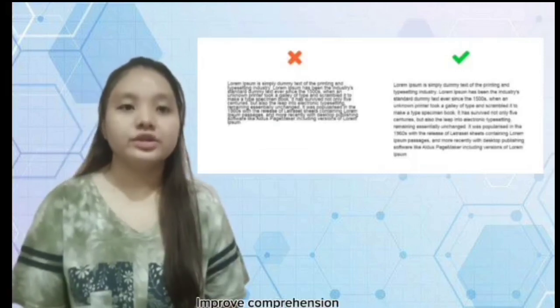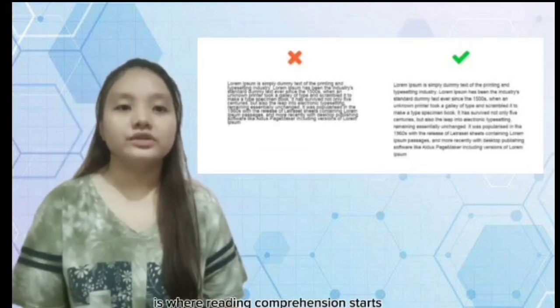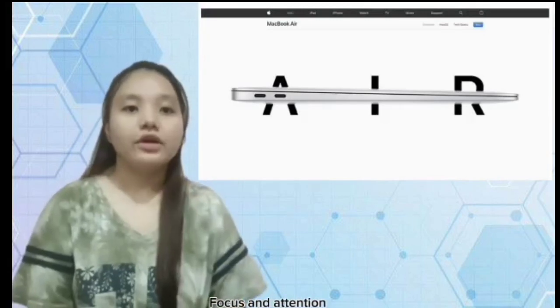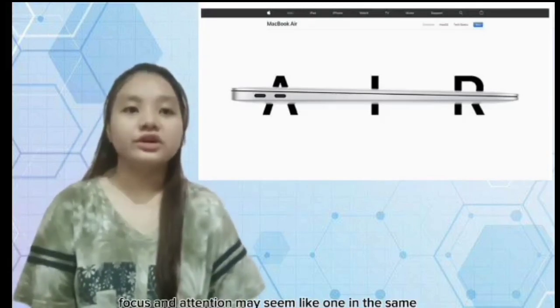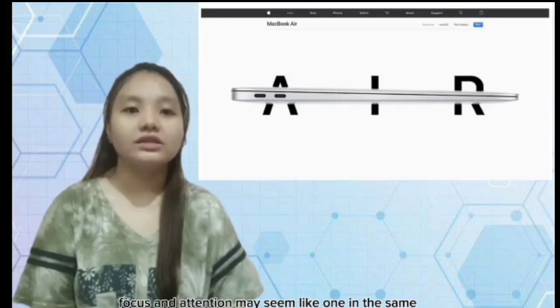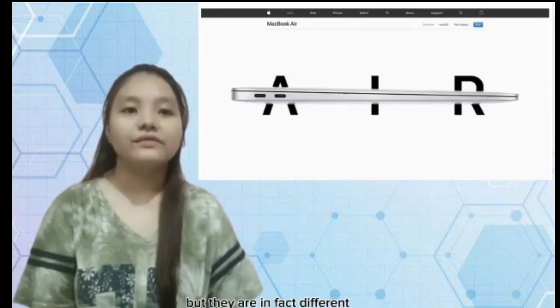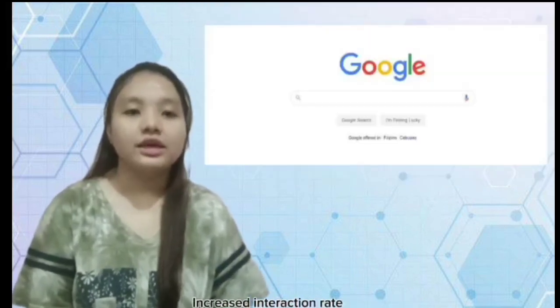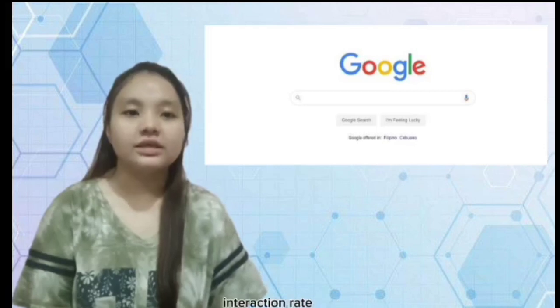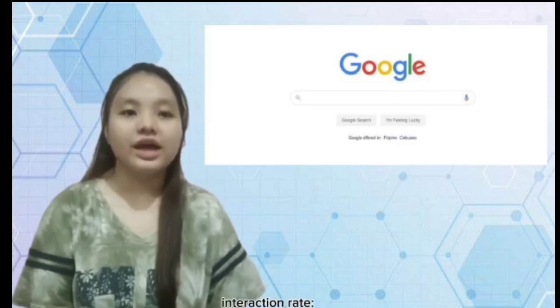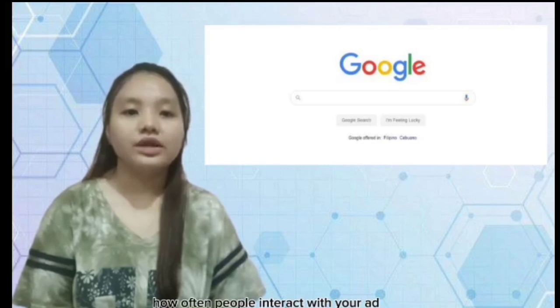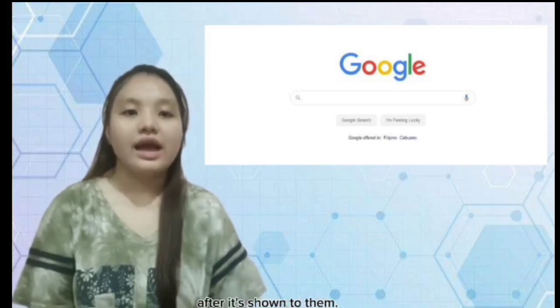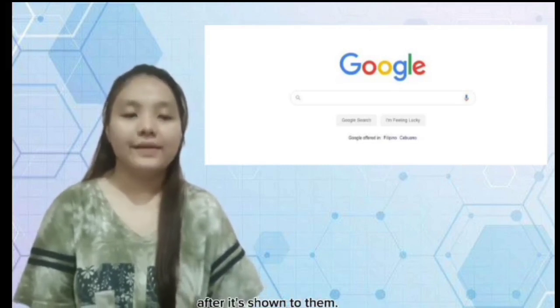Improved comprehension is where reading comprehension starts. Focus and attention may seem like one and the same, but they are in fact different. Increased interaction rate. Interaction rate is how often people interact with your ad after it's shown to them.